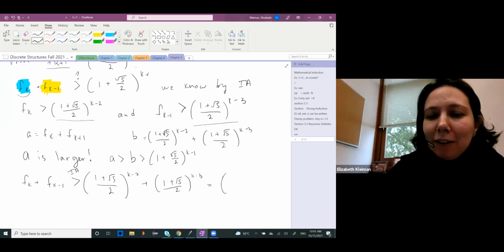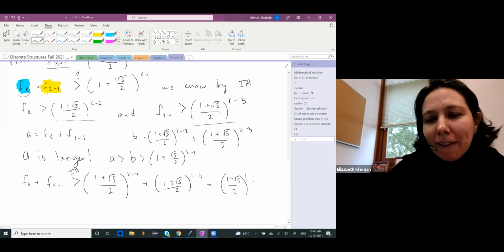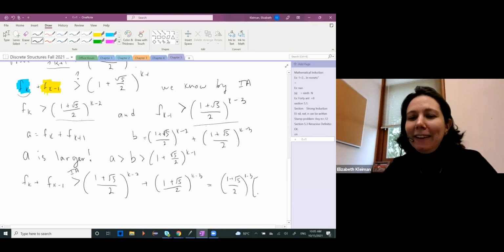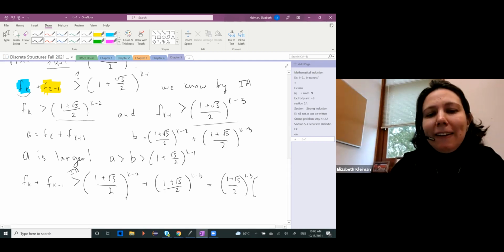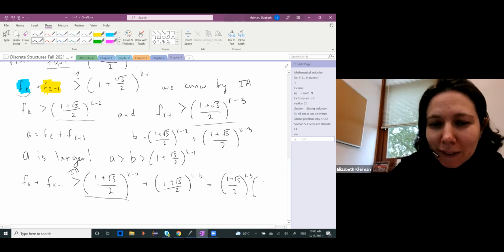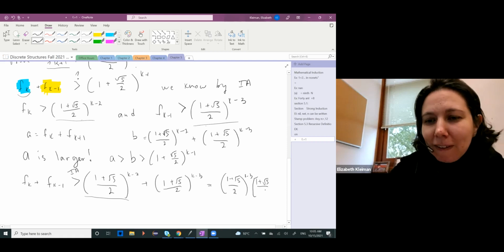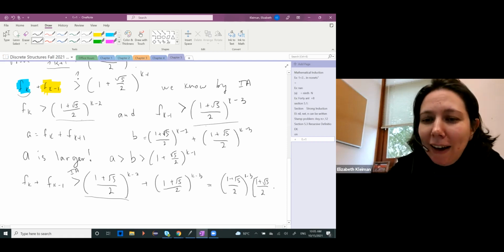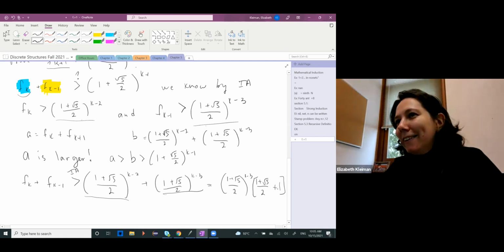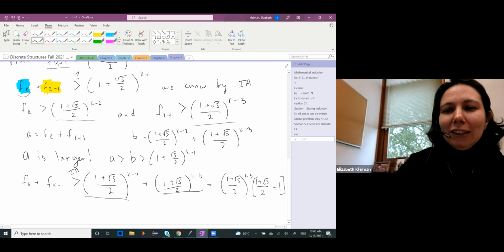So can I factor that power out? If I take k minus 3 things from here, how many are going to be left? Just 1, correct? And how many things are going to be left in here? None, correct? So this is good. This is what we have.